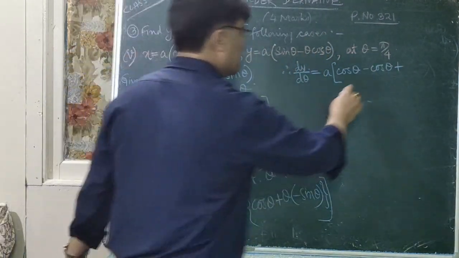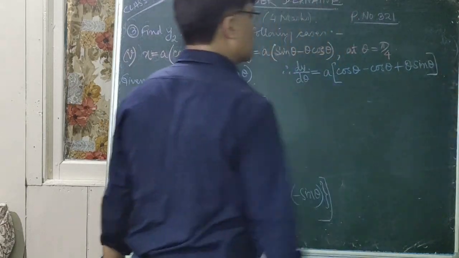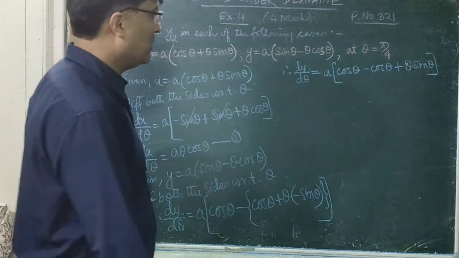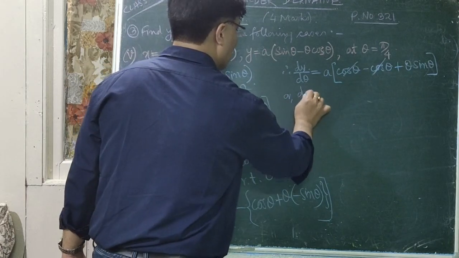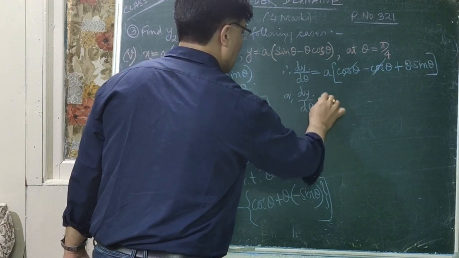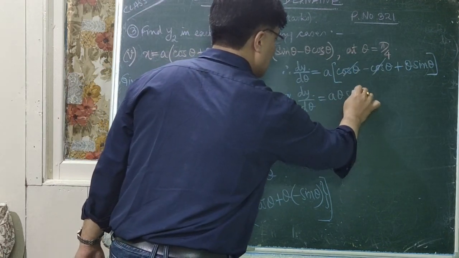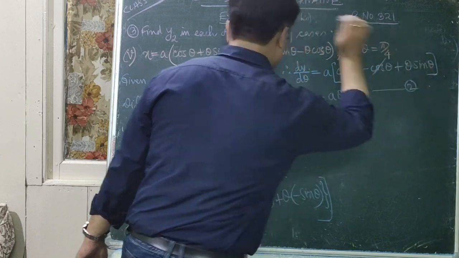Then it is theta sin theta. Third bracket is closed. Okay? So here cos theta gets cancelled. So dy by d theta is equal to, now multiply by a here, a theta sin theta. This is your number 2.